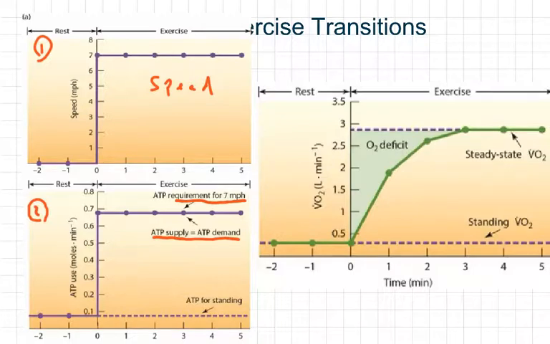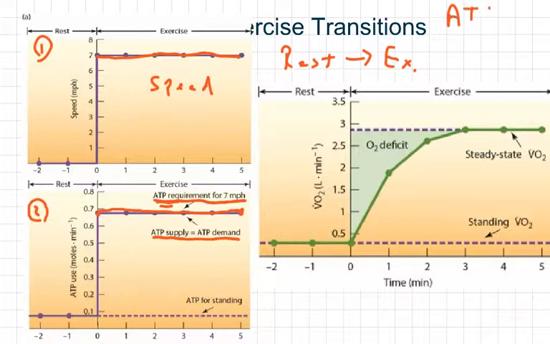And so what we're saying is, since the speed is at a steady state or staying constant, the energy requirement from starting the run to when the run ends here at minute 5, the ATP requirement stays constant. Now, when we look at going from rest straight to exercise, and in this case we're talking about running, ATP supply does not immediately equal ATP demand.